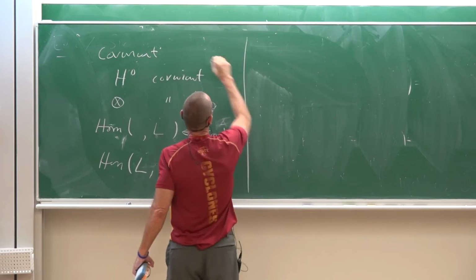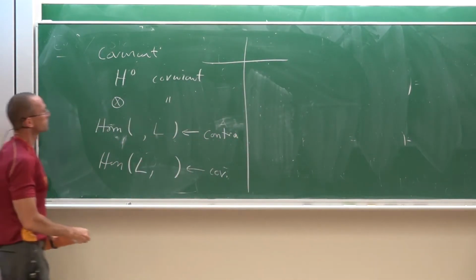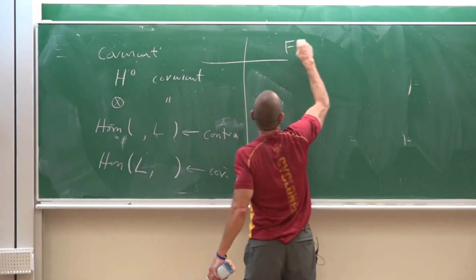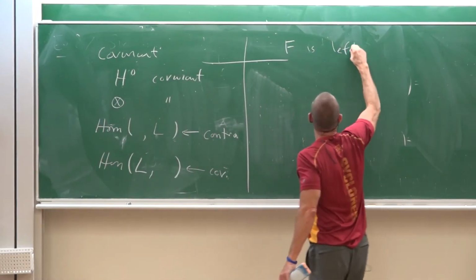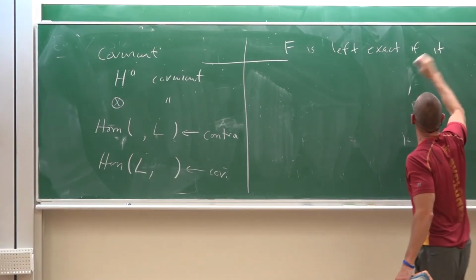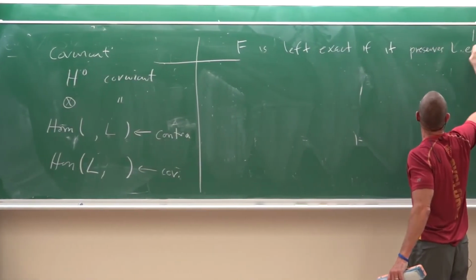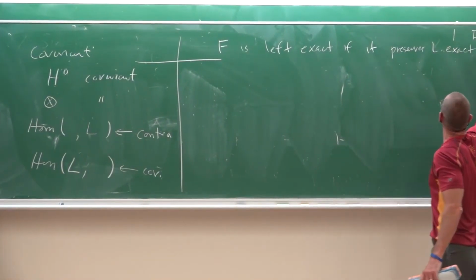The other thing that functors have the property of, let me define it. We say that a functor F is left exact if it preserves left exact sequences.